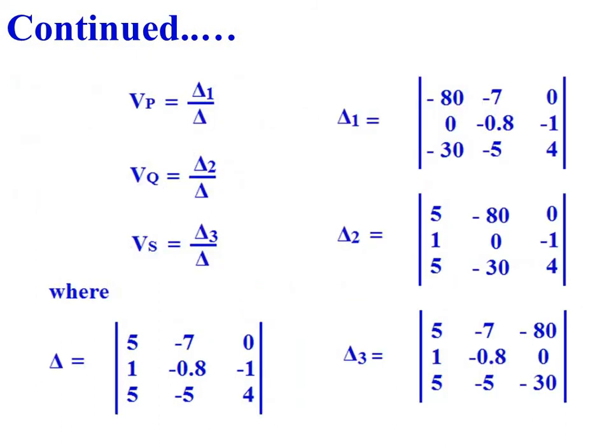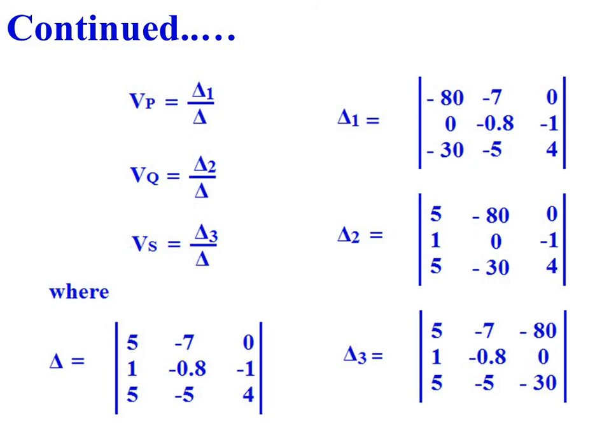So according to Cramer's rule, we can write Vp is equal to delta 1 by delta, Vq is equal to delta 2 by delta, Vs is equal to delta 3 by delta, where delta is equal to determinant of 5 minus 7 0, 1 minus 0.8 minus 1, 5 minus 5 4. Delta 1 is equal to determinant of minus 80 minus 7 0, 0 minus 0.8 minus 1, minus 30 minus 5 4.